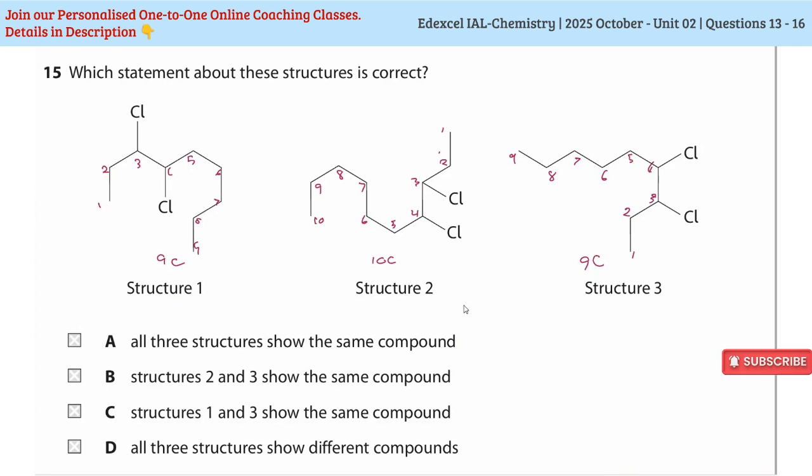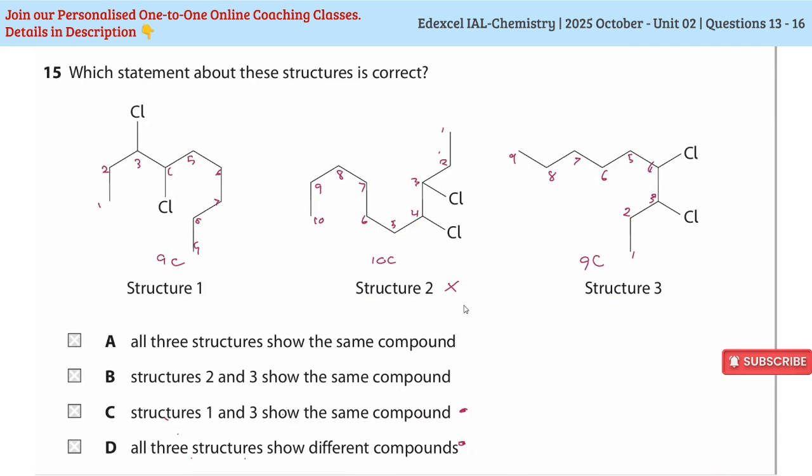Let's see the other statements. Structure 2 and 3 show the same compound. No, structure 2 is different in the carbon chain length itself. Structure 1 and 3 show the same compound. All three structures show different compounds. Out of these, what is the correct statement?